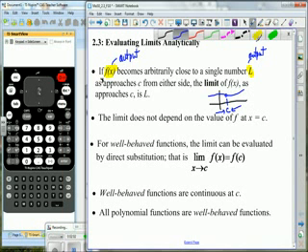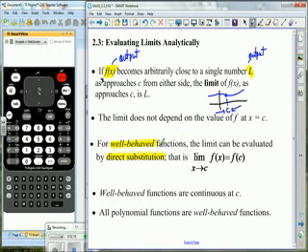Now we're going to talk in this section about what we call well-behaved functions. And we all like well-behaved people, and we have a definition for functions as well. By well-behaved, it means we can use direct substitution.